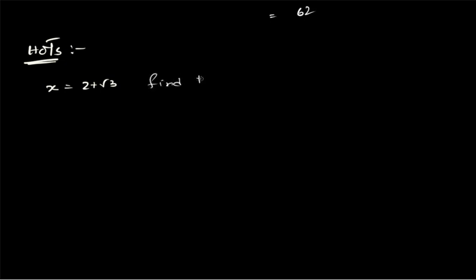I think the concept of this chapter is a little bit clear now. If you have any doubt, any question, you can always ask me. So these are the HOTS questions. HOTS stands for, I think you know, higher order thinking skills.